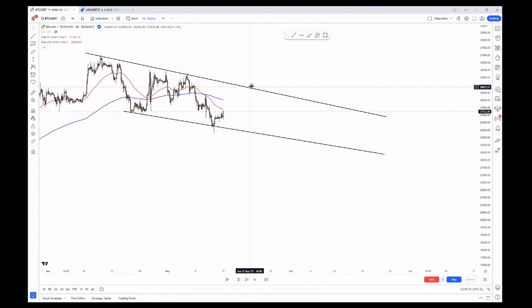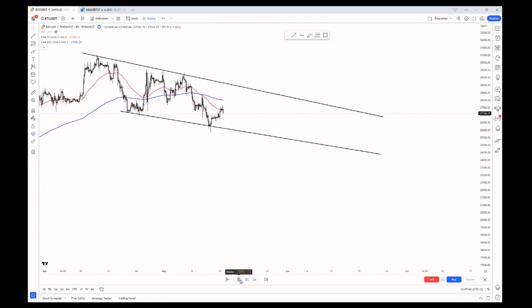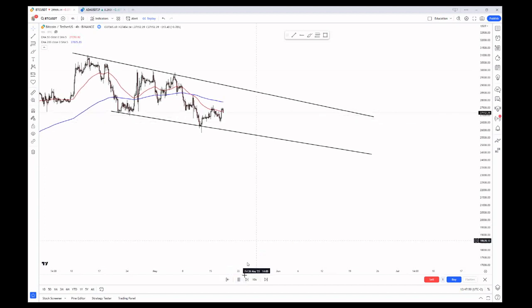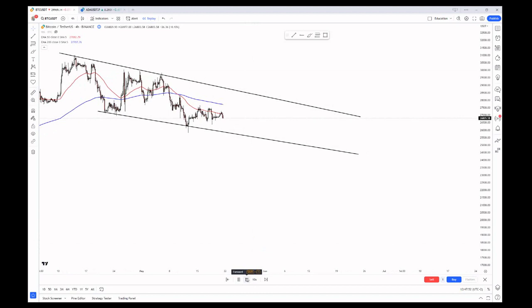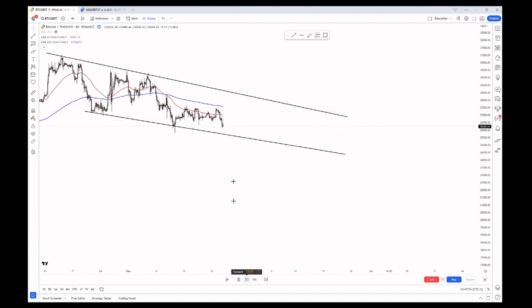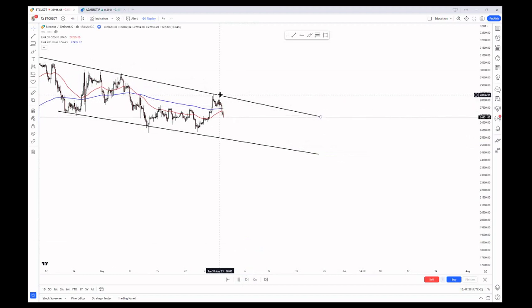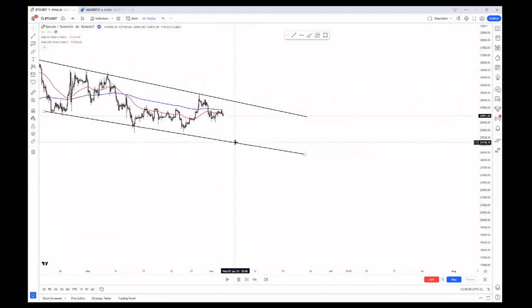So you could say, okay, there will be some resistance here or some support here, because you see it moved under here but then got back up. So if you follow through on this, you'll see that it did actually eventually went back down here and then went back up and rejected that same trend line.